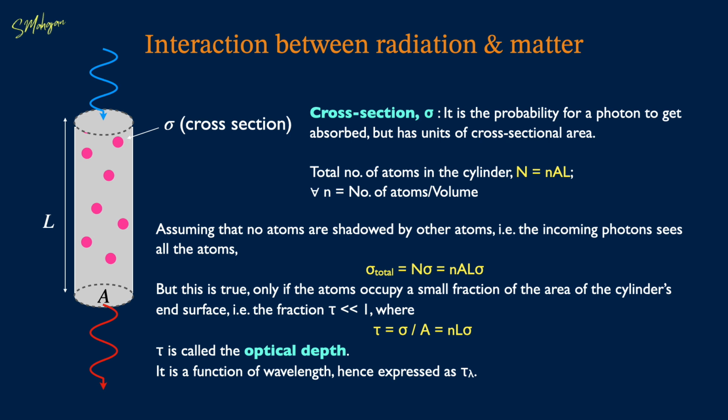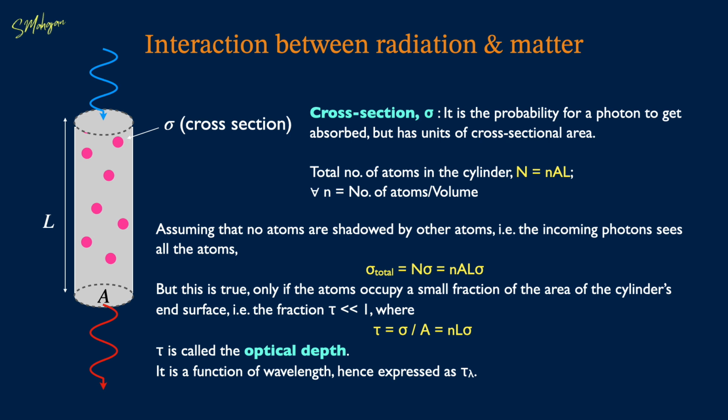This assumes that the incoming beam sees all the atoms, which means that no atom shadows the other. This condition will be met only if the spheres occupy a very small fraction of the area of the end surface, which means sigma total is much smaller than the area of the face, capital A. So the fraction of the radiation which is absorbed will be equal to the area covered by the face.